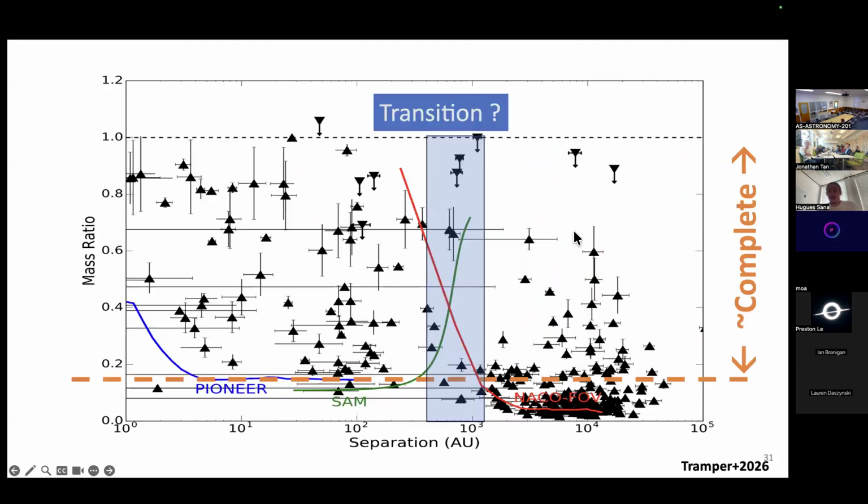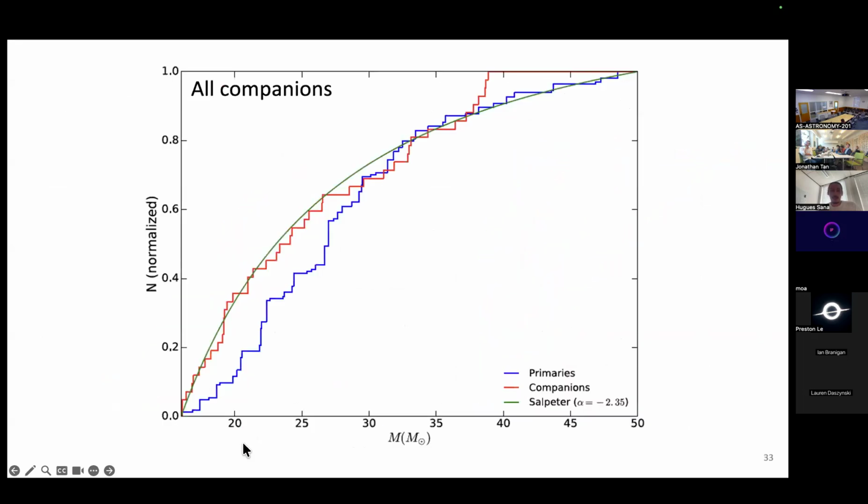What's interesting is if you don't focus on the bright companion, but you take everything, then suddenly the companion mass distribution is 100% compatible with Salpeter, because Salpeter is here, the green line. So clearly we have different types of companion and we need different pairing mechanisms to produce all those companions.